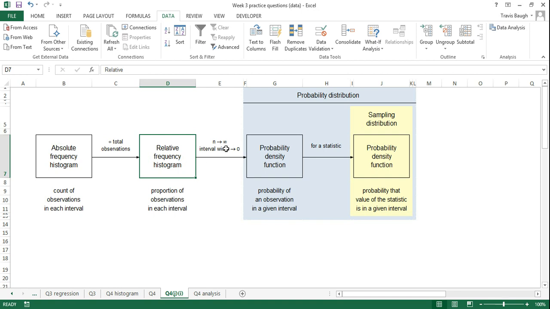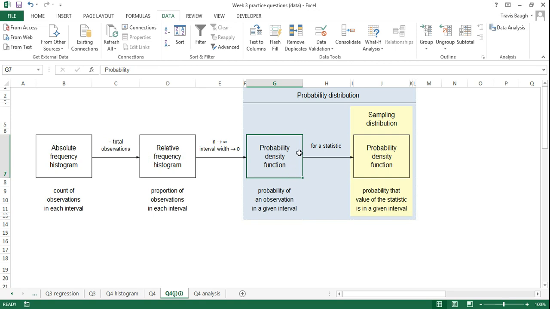If we were to increase that to take an infinite number of samples, and also if we dropped our interval width so that it approached 0, what we would produce would be also a relative frequency histogram, but subject to these conditions, it turns into a probability density function. And this will now show us the probability of getting an observation in a given interval on the horizontal axis. And what will be measured now on the vertical axis is the probability density.